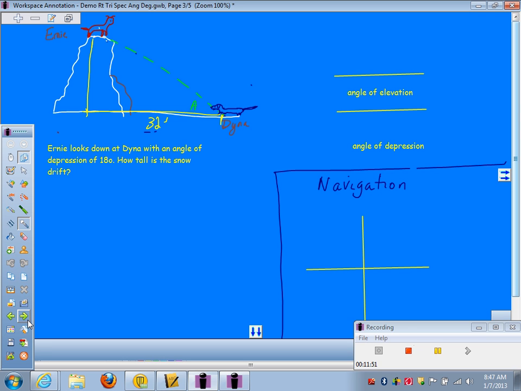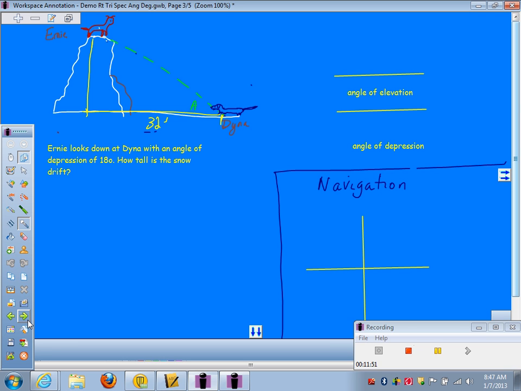We're going to apply our knowledge of our trig functions here. We have Ernie. The white thing is a snowdrift. Okay. Ernie is my outdoor dog. Ernie is standing on top of the snowdrift.